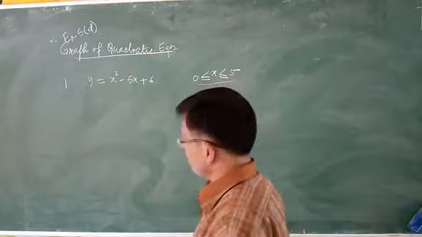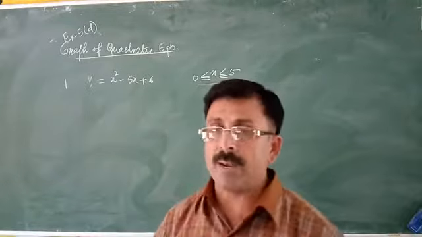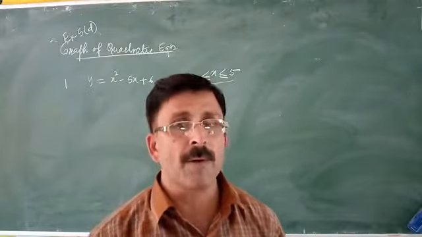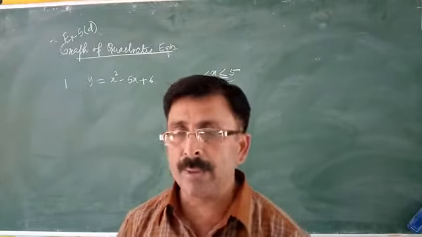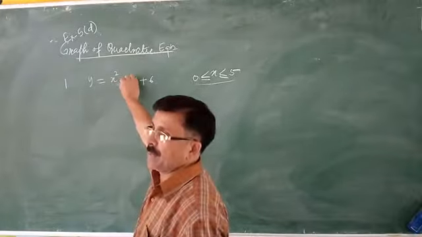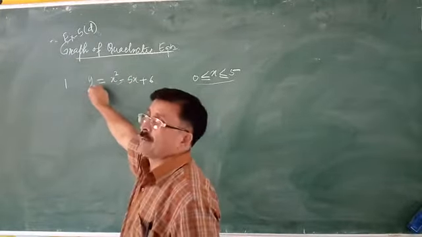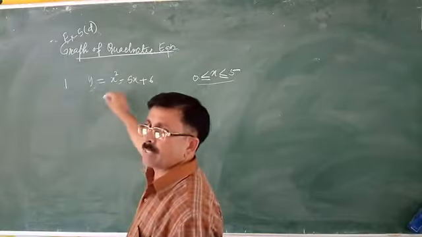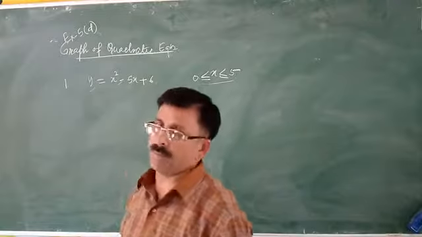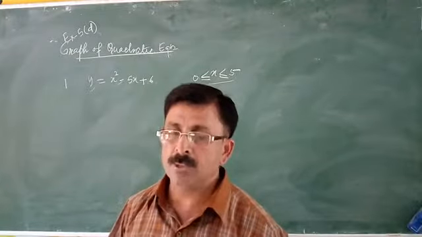So, we need to create a value table for this given equation. We will draw a value table for 5 different values of x. Remember, in this function, x is said to be the independent variable and y is said to be the dependent variable. So we have freedom.